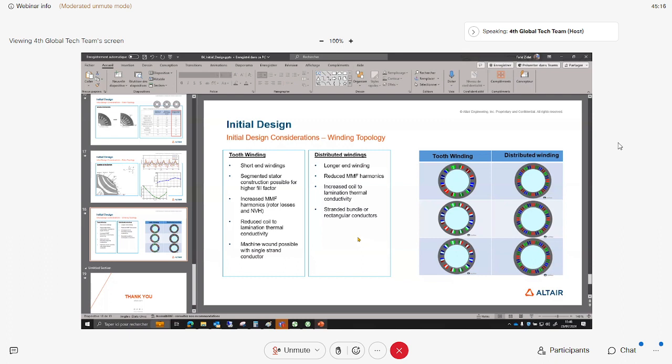So from a thermal point of view, depending on the application, it can be better to use distributed winding. For our application, the synchronous reluctance machine, we don't really see tooth winding. Most of the time, it's distributed winding actually.